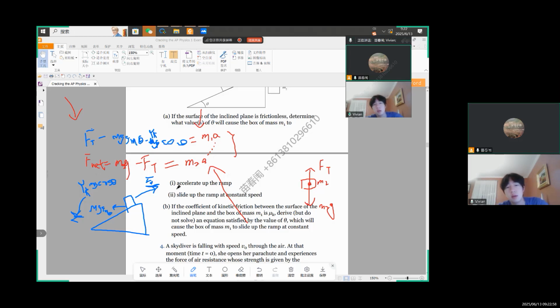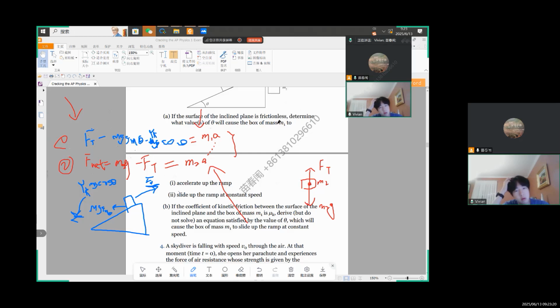So now I don't have to find FT because they don't want FT. They just want us to derive an equation. We already have the equations, but we have FT and they don't want it. We can get rid of FT using elimination, so you add them.